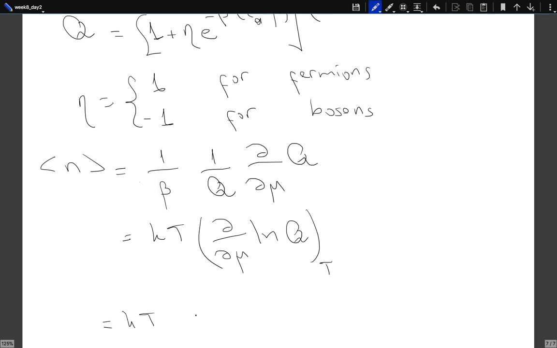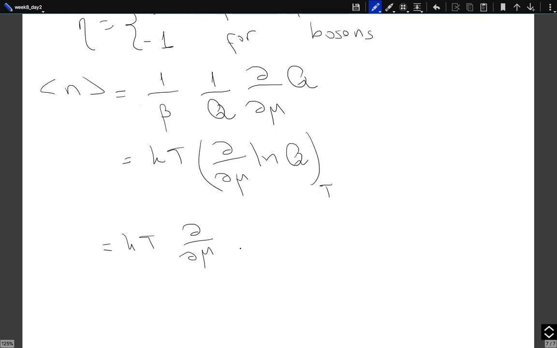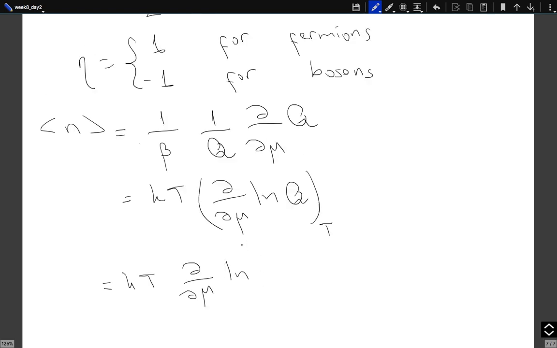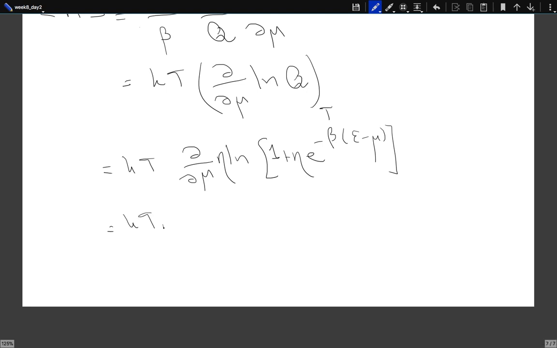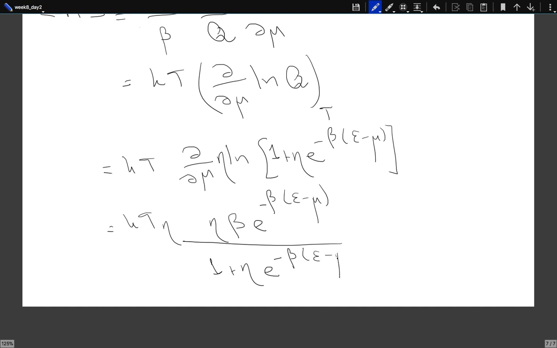This is equal to kT times the derivative with respect to mu of the logarithm of Q, where Q is 1 plus eta e to the power minus beta (epsilon minus mu), to the power of minus eta, because you see eta is in the power. Well, this is kT times eta. If I take the derivative with respect to mu, I get beta times e to the power minus beta (epsilon minus mu) times eta, divided by 1 plus eta e to the power minus beta (epsilon minus mu).